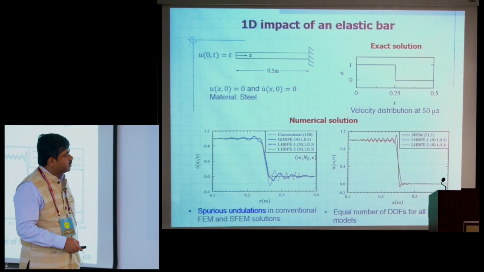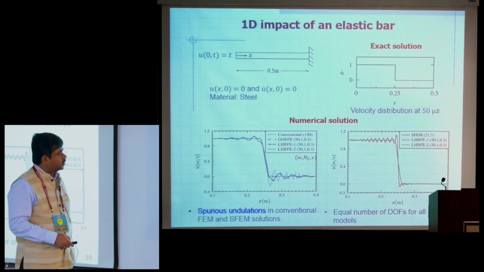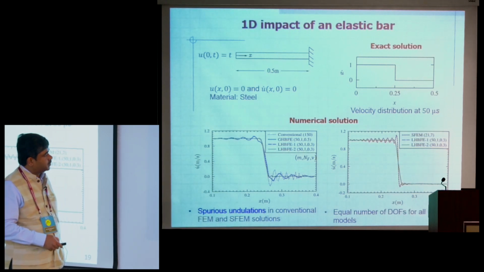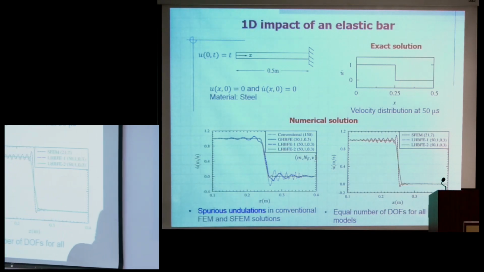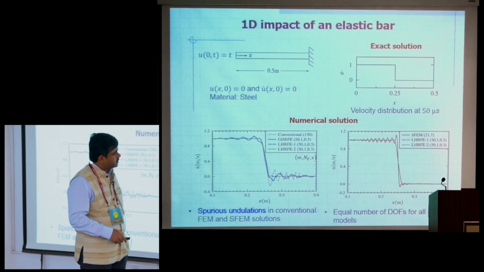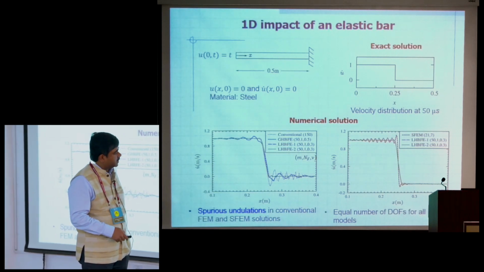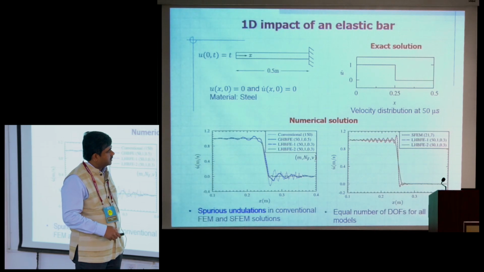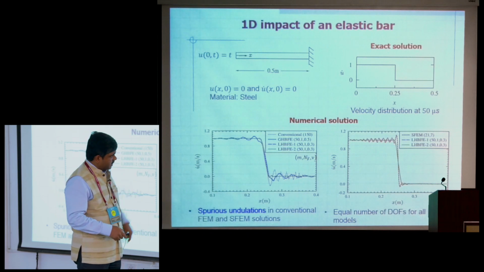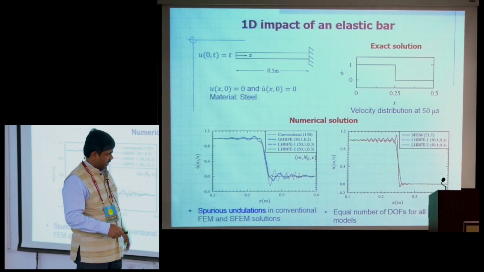Now, if you do this numerical solution, this is the conventional one. If you look at this dot, possibly it is better here. This is where, as I said, the Gibbs phenomenon takes place, and the finite element result gives this result. And if you take a global basis function, what happens?